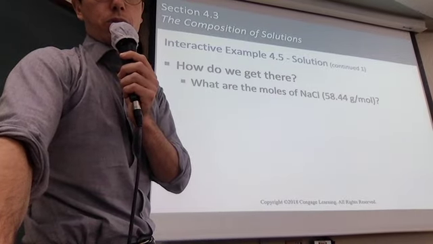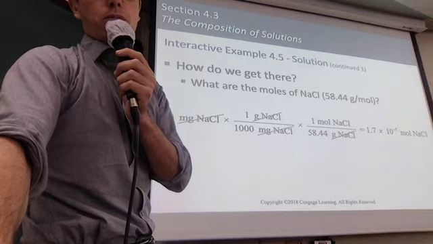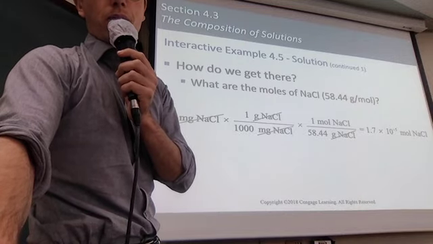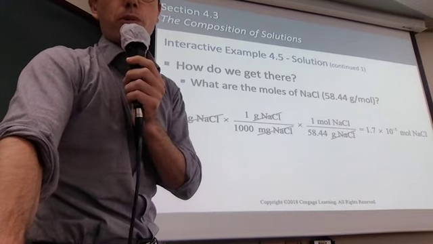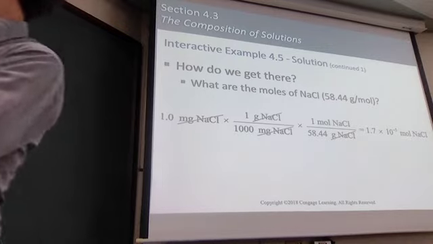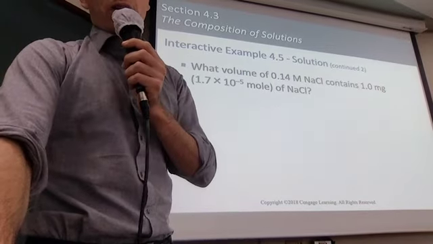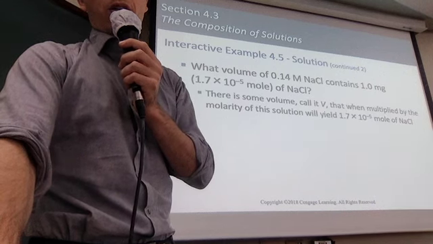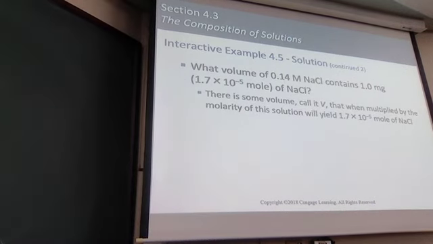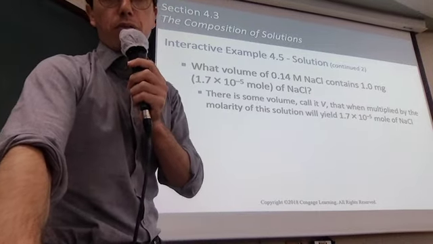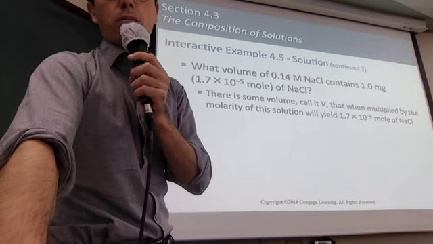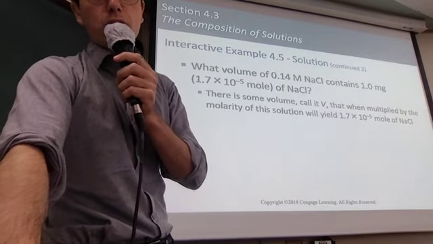And so what do we do? We first calculate the moles of sodium chloride in 1 milligram. That would be 1.7 times 10 to the power of minus 5 mole, just using this equation there. Once we have this number, we know that 0.14 molar sodium chloride contains some volume, let's say V, that when multiplied with the molarity yields 1.7 times 10 to the power of minus 5 mole.